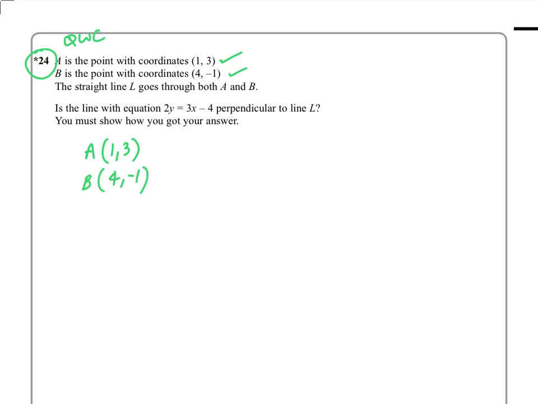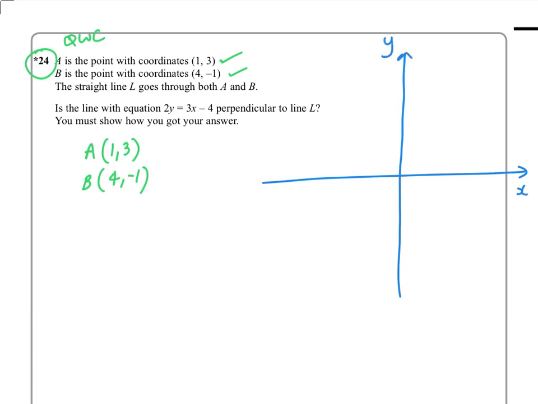So first thing to do is to find out the steepness of it. So that's the change in the y over the change in the x. So what I can do here for you is just go into a little bit more detail, just so you can get a rough idea.